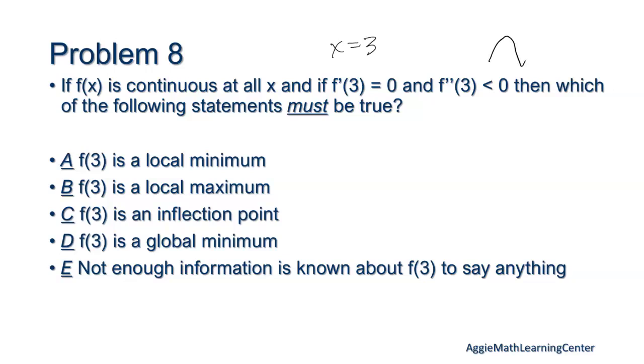And because the first derivative equals 0, that means that it flattens out there. Exactly. So it's a critical point, and it's concave down, so it lies something like that. So f of 3 has to be a local maximum, right? Let's say B.